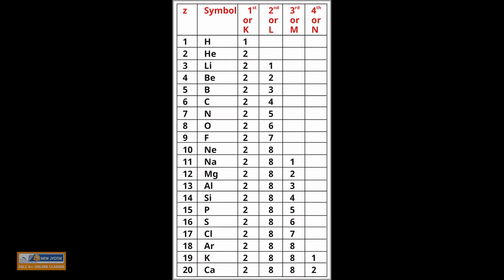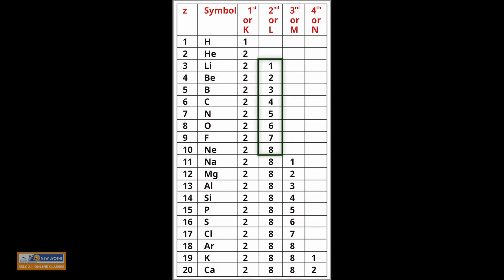Atomic number 3, lithium, has 3 electrons. The first 2 electrons go to the K shell and the valence electron goes to the L shell. So in the case of beryllium, atomic number 4, the K shell contains 2 and the L shell contains 2.